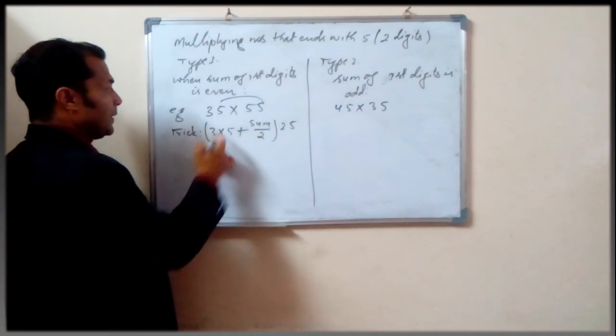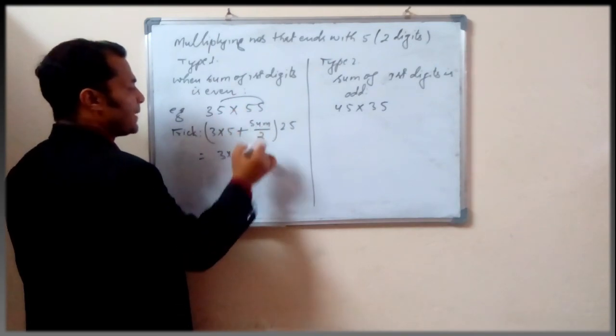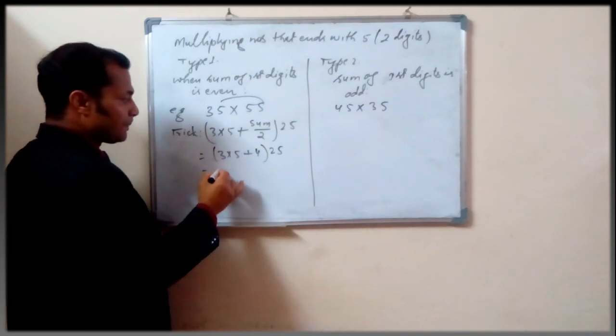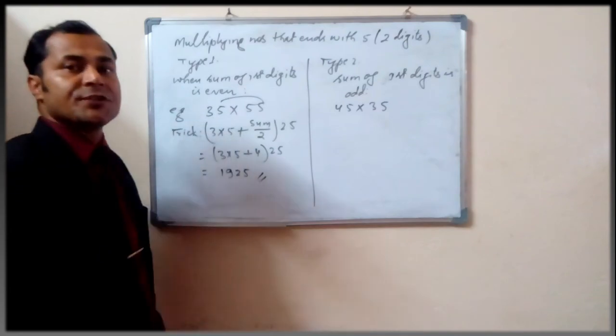So 3 5s are 15, plus the sum 3 plus 5 is 8, by 2 is 4, and at last 25. That's 15 plus 4, 19, and 25. So this is the answer.